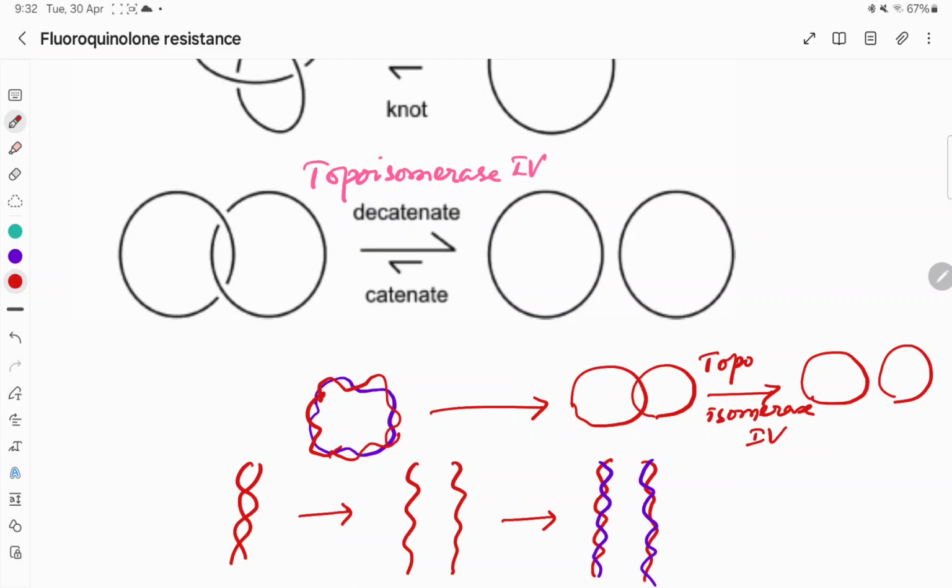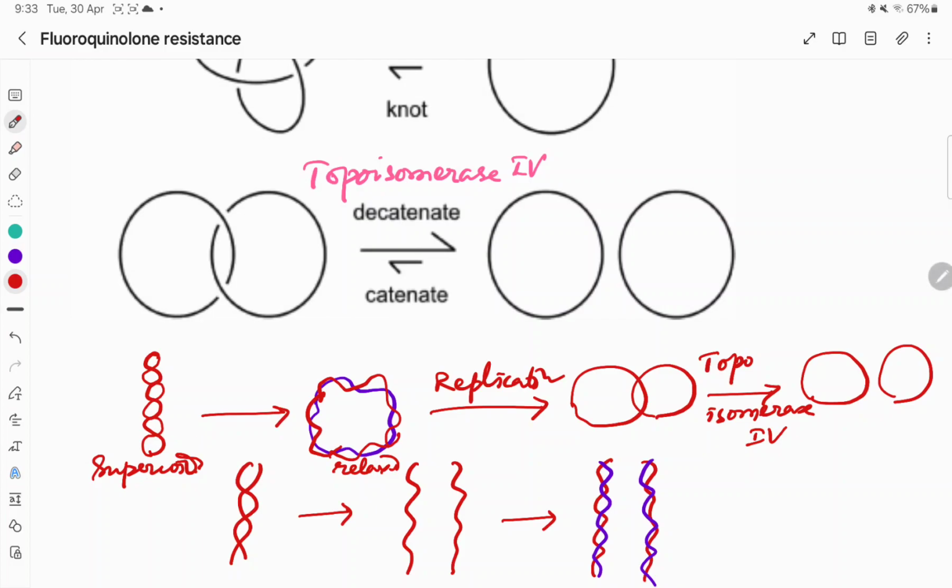Usually this DNA is in condensed or supercoiled form, so this circular DNA is in the supercoiled form, and the supercoiled form has to be converted to relaxed form, then only it will undergo replication and two DNAs will be formed from one DNA.